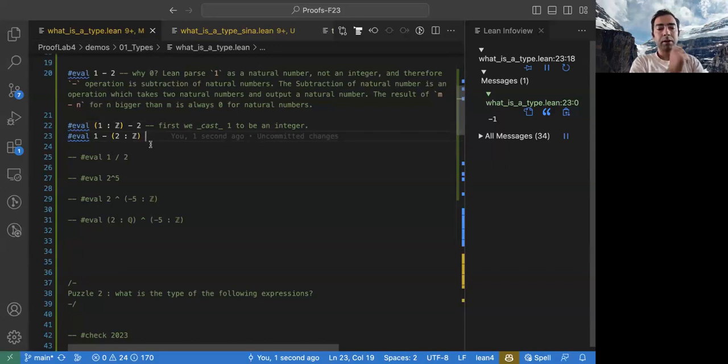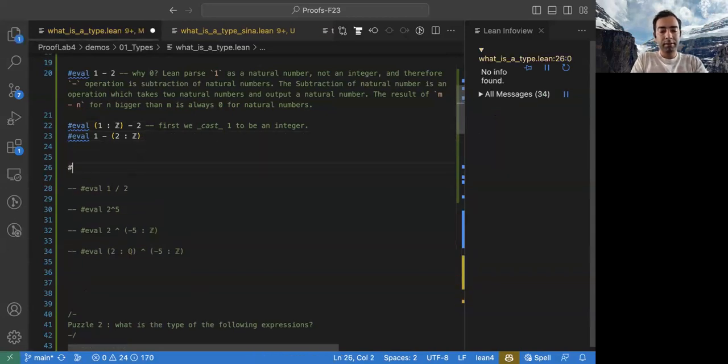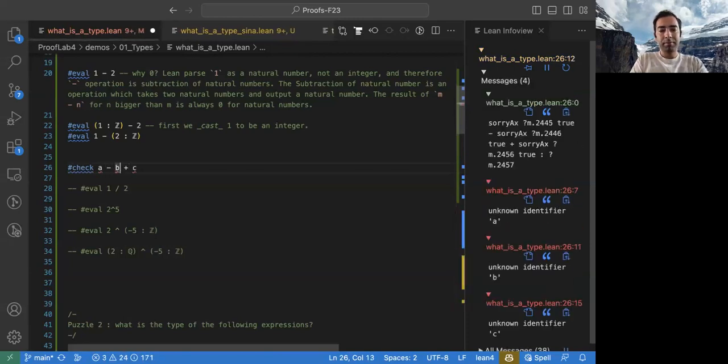So the way that Lean parses expressions usually is like, whenever you have an expression, let's say any expression at all, that might have A, B, C in it, plus some operations here, then what Lean does is make a syntax tree out of this, and then it has to figure out the type of each term in here and the type of operation, meaning what sort of operation this is.